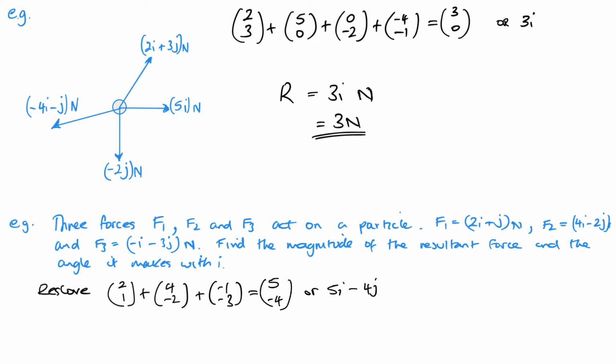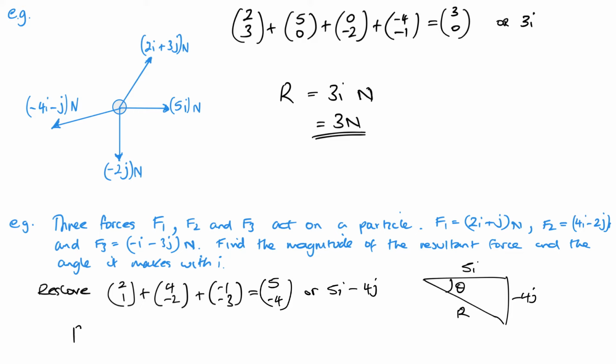And there we have it. 5i minus 4j. So if you think of this as a rough sketch, it's going to be something like this. 5i 4j will be the positive one. We actually want negative, so ours would look like this. Now we actually want to find this angle and this value of r.